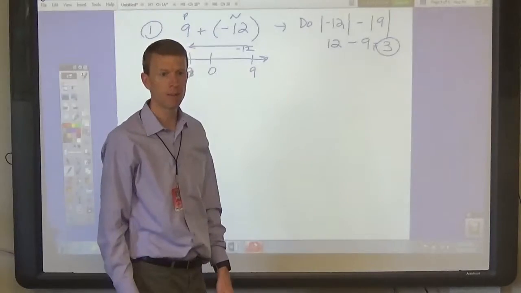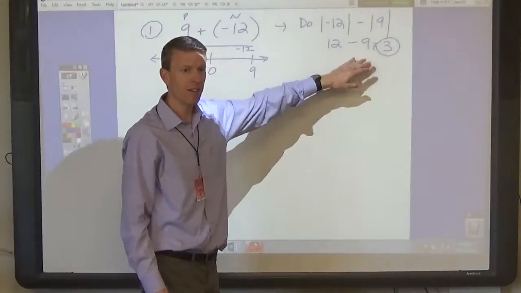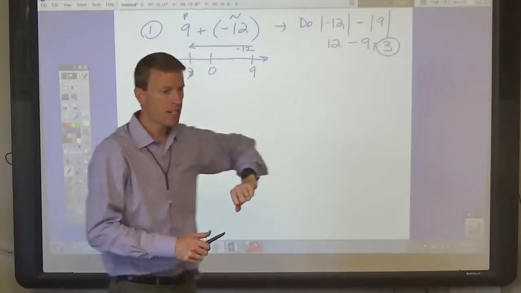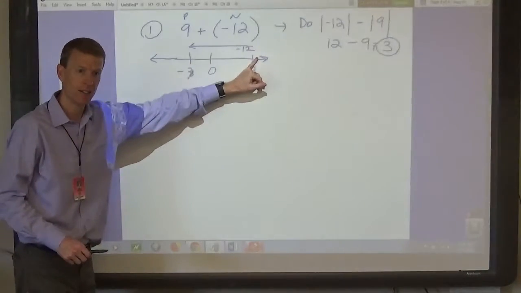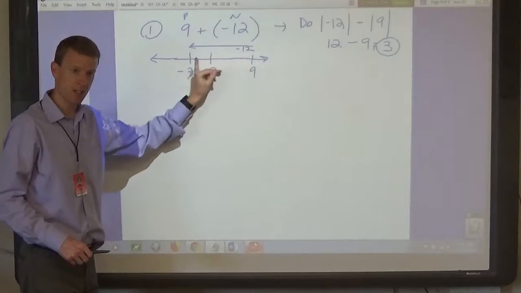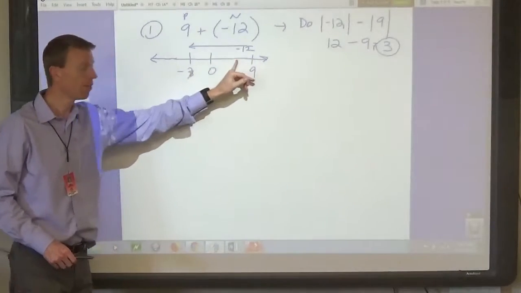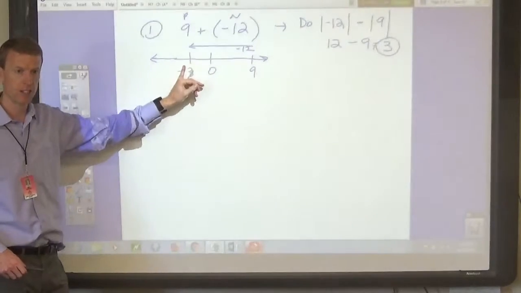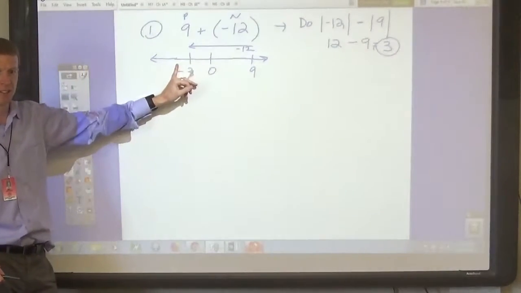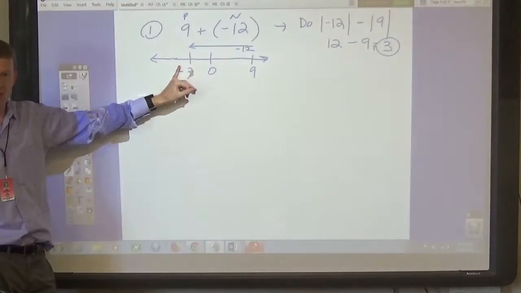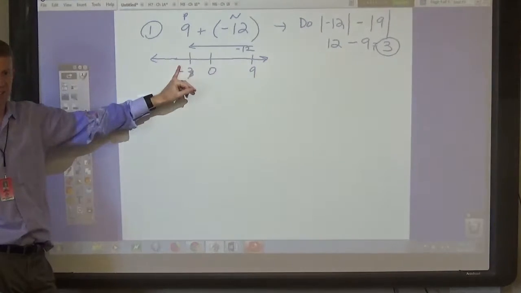Yes. Armand, when you're doing 9 minus 12, what you're really considering is 9 is 9 spaces away from 0. Negative 12 is 12 spaces to the left. So that's going to take you past the 0 on the number line. So it would be negative 3? So the answer is negative 3. Right?